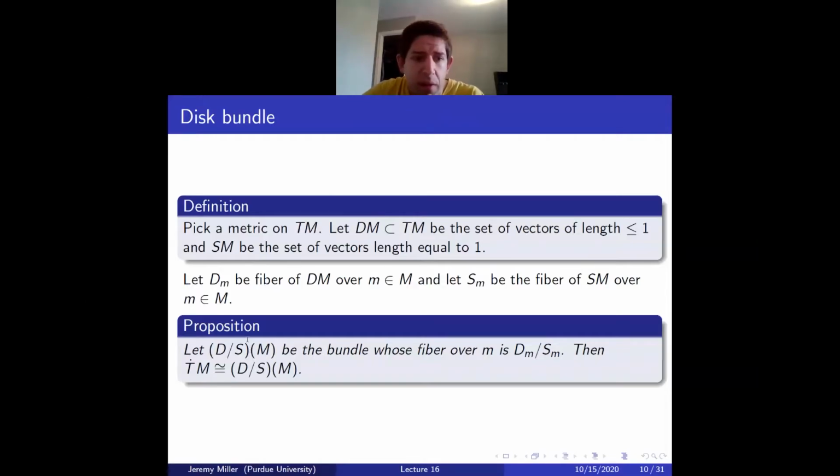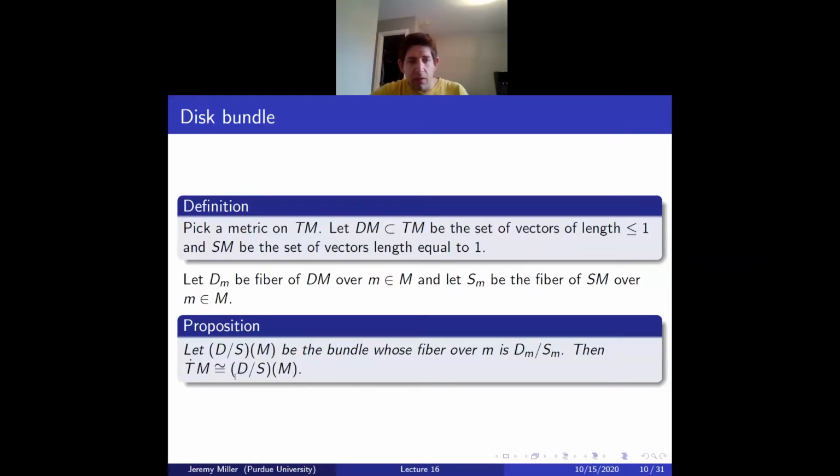And the proposition is that there's an isomorphism from disk mod sphere. By this I mean the bundle whose fiber over a point m is the tangent vectors of length less than or equal to 1 modulo the boundary sphere of vectors of length equal to 1.